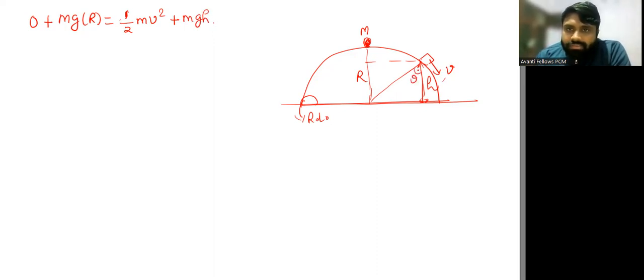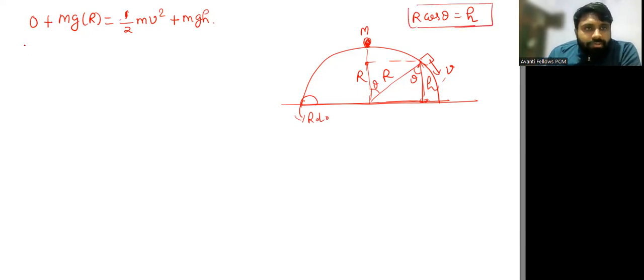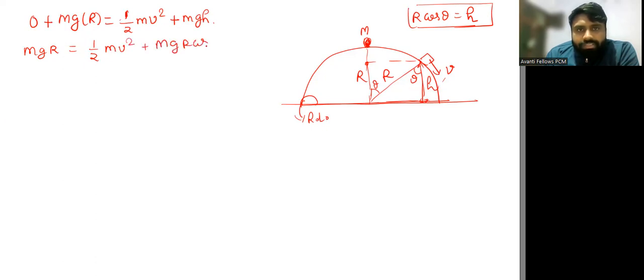This angle is theta, and this length is r. Since this angle is also theta, if you take the component of r in this direction, r cos theta is equal to h. So you can put this here. Now mgr is equal to 1 by 2 m v square plus mgr cos theta.